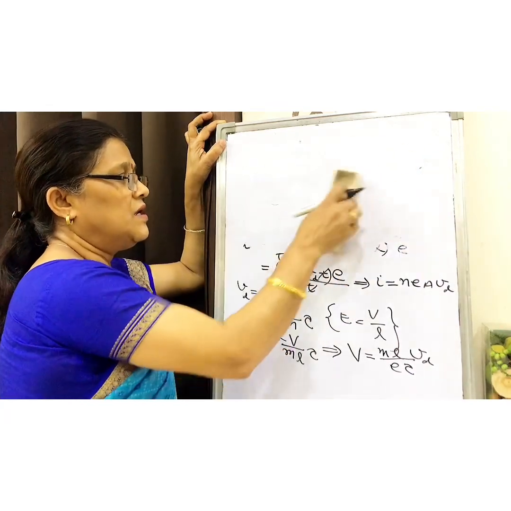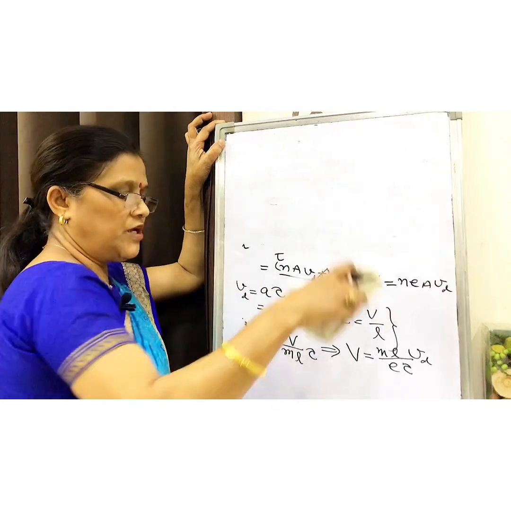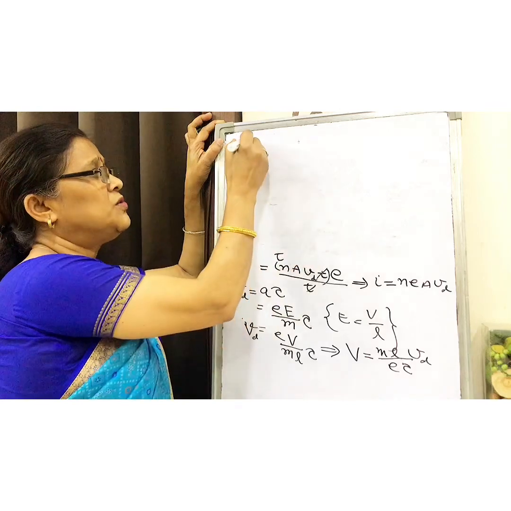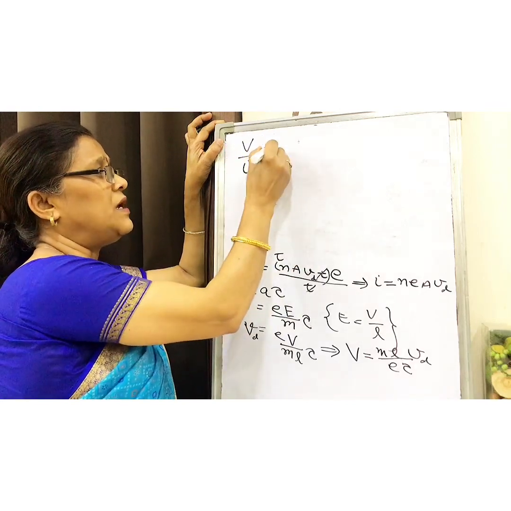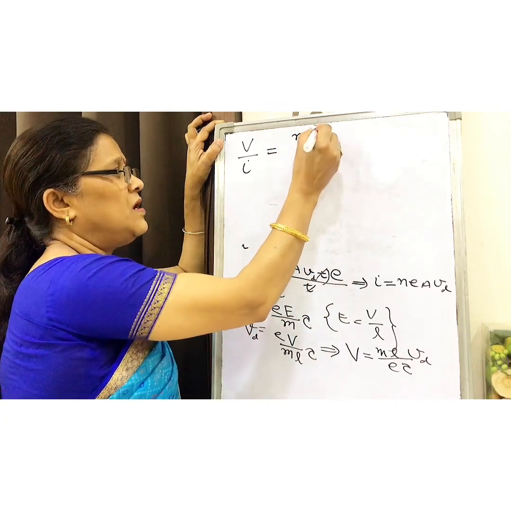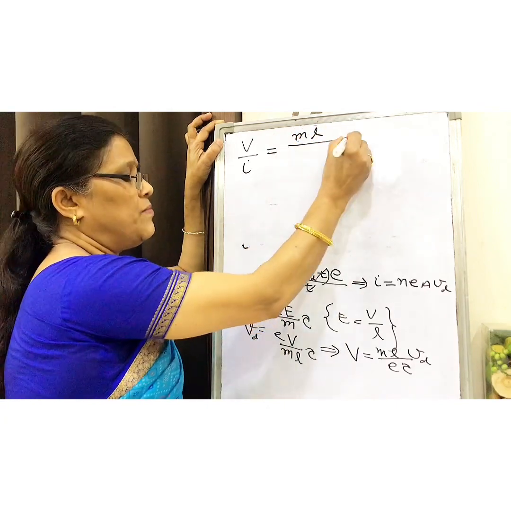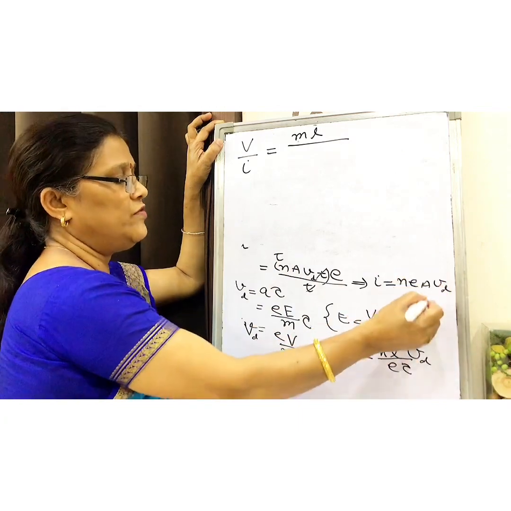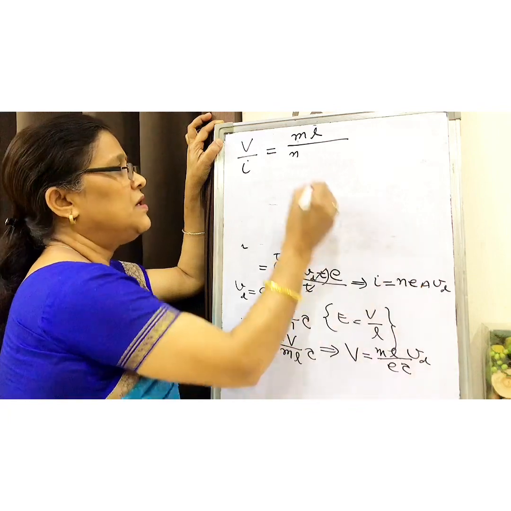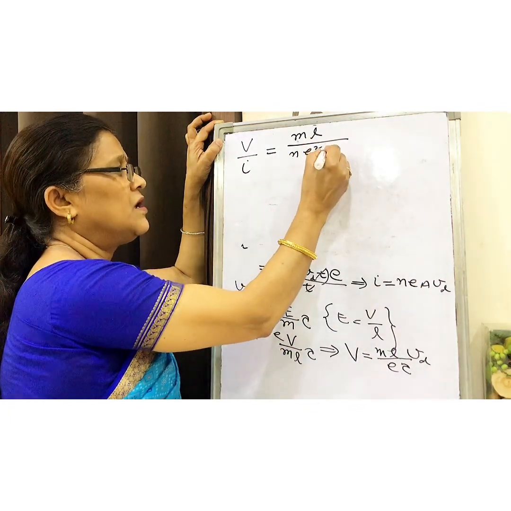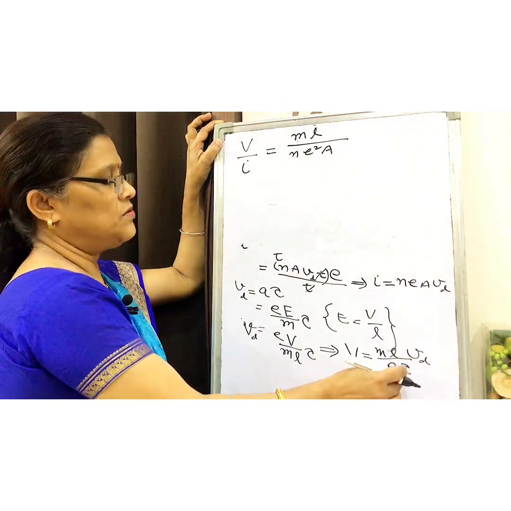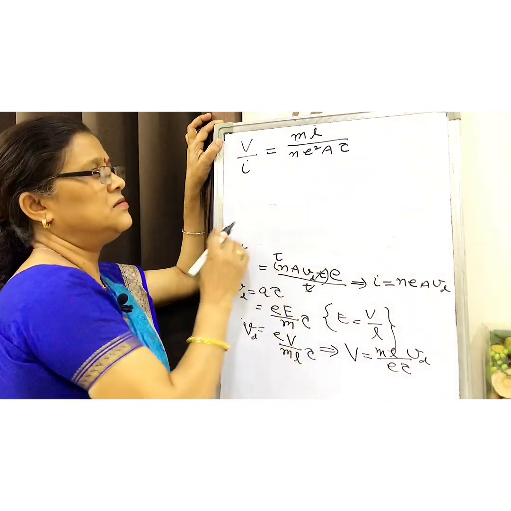It can be obtained by dividing the equation of V by I. So you will get V upon I as mL upon Vd, and this Vd will be cancelled, e tau, and what will you get? n, this will become e square A tau.